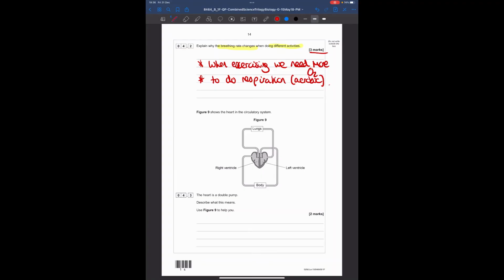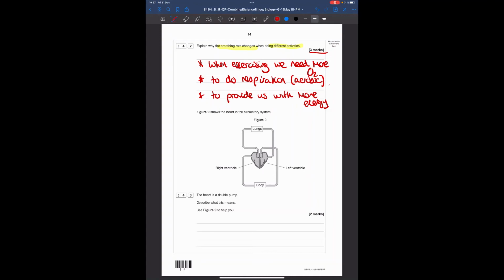And what does that respiration give us? It's to provide us with more energy. So you can summarise that question in 3 bullet points there.